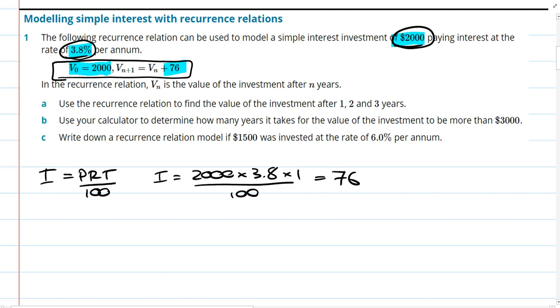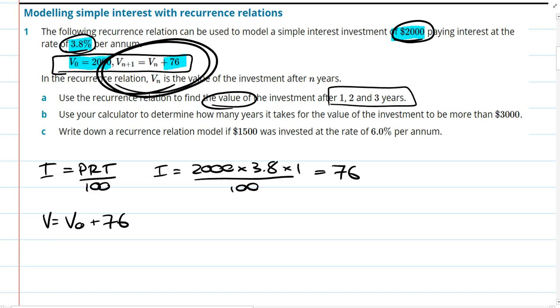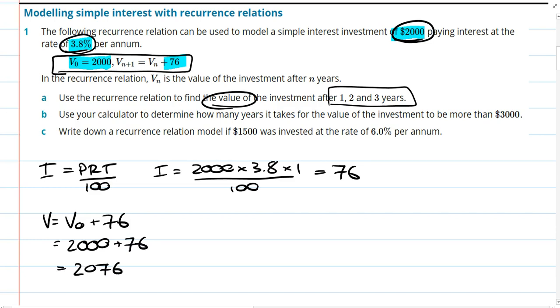and that actually gives us that 76. So we're going to use the recurrence relation in this instance to find the value of the investment after 1, 2, and 3 years. So if we know V0 is 2,000 up here, then V1 has to be V0 plus 76 according to this recurrence relation. So that's going to be 2,000 plus 76, 2,076.